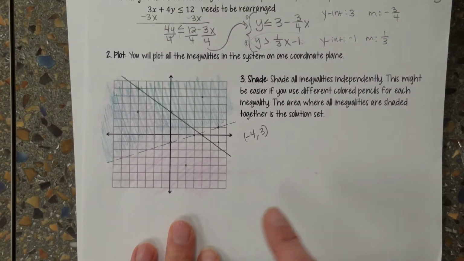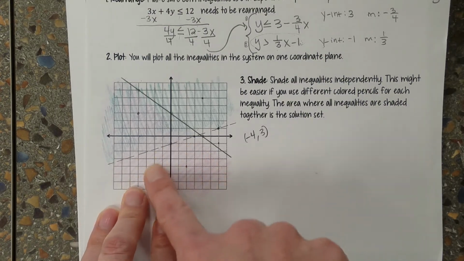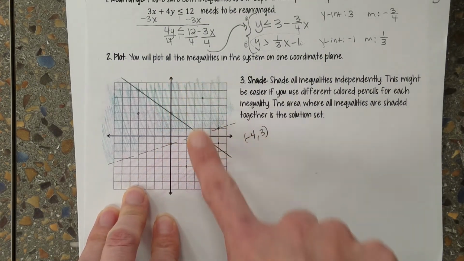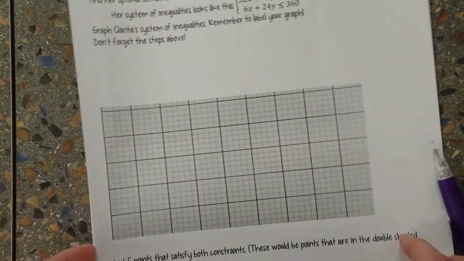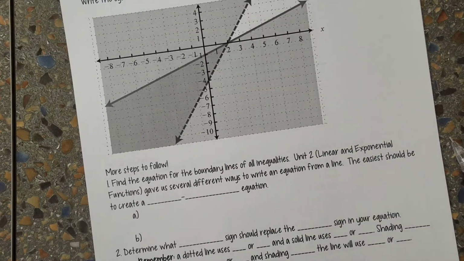Like for example, in our example here, the only pink shaded and the only green shaded areas are ones that satisfy one constraint but not both. Okay, so that's what you'll do there. And then you are going to be done.